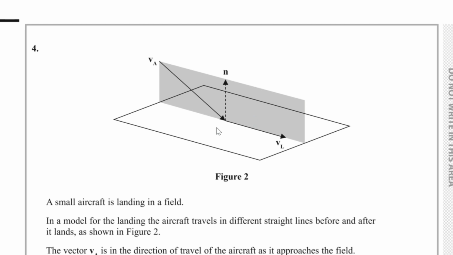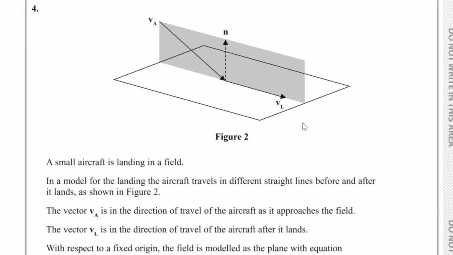Question number 4. A small aircraft is landing in a field. In a model for the landing, the aircraft travels in different straight lines before and after it lands, as we see in figure 2. The vector VA is in the direction of travel of the aircraft as it approaches the field. The vector VL is in the direction of travel of the aircraft after it lands.